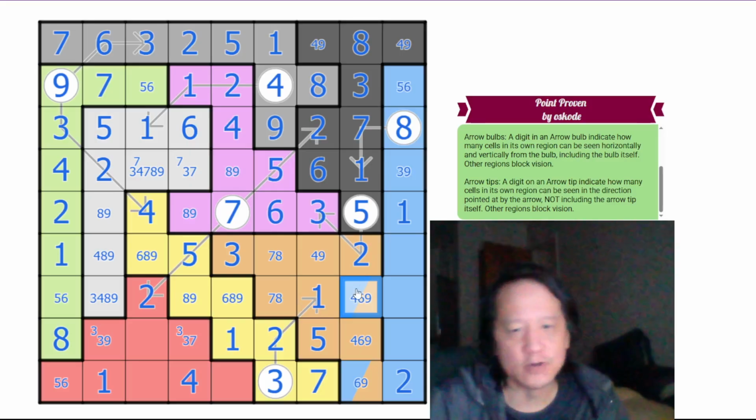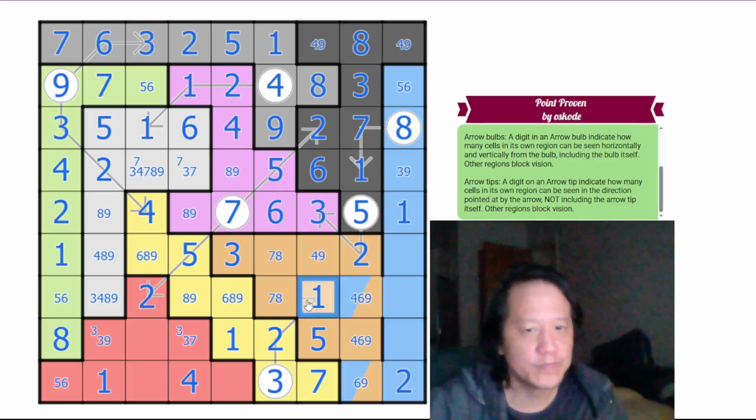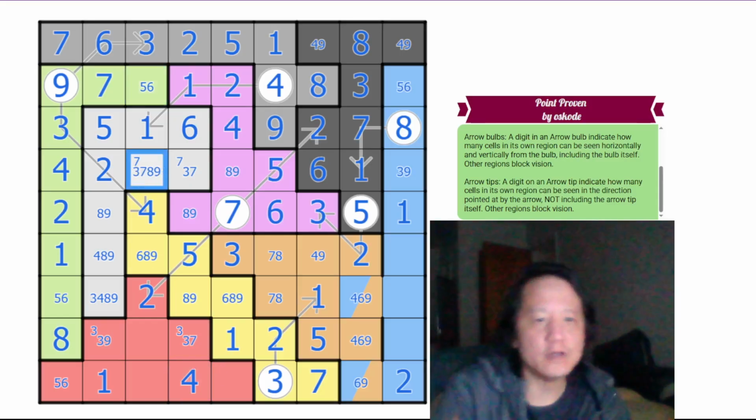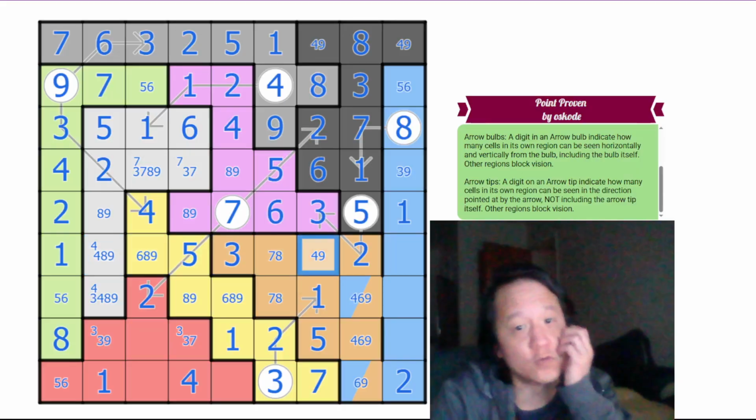Oh, we don't have all the regions set yet, right? 4 cannot be here because of 4 in the row. Okay, so one of those is 4.